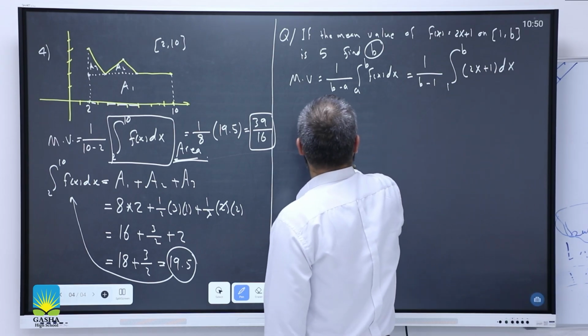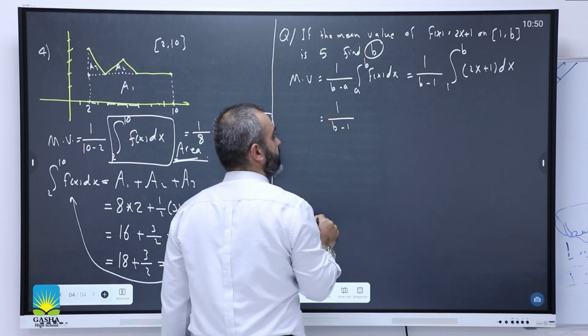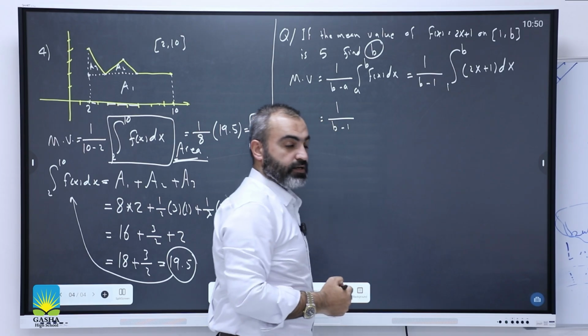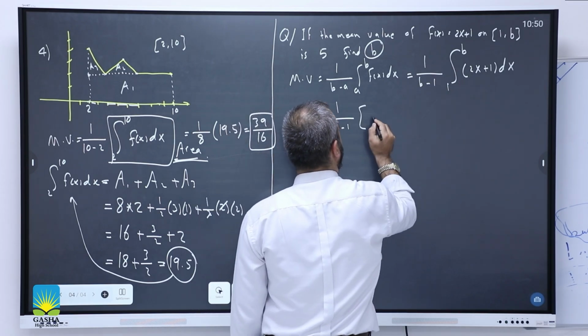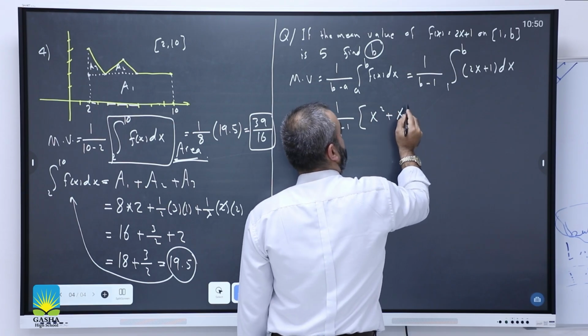So 1 over b minus 1, and we write this weighted to the result of this integral. So what's the result for this integral? It's x squared plus x.